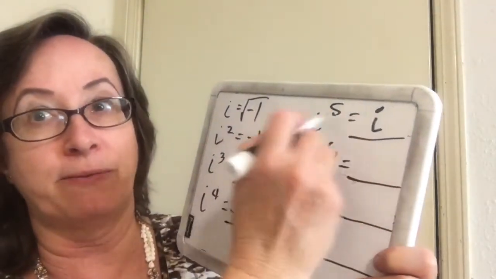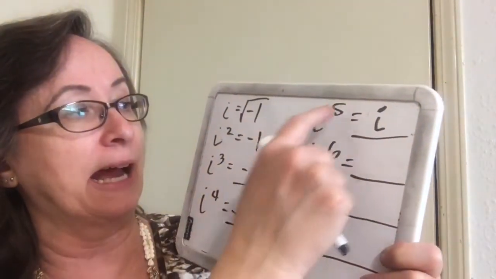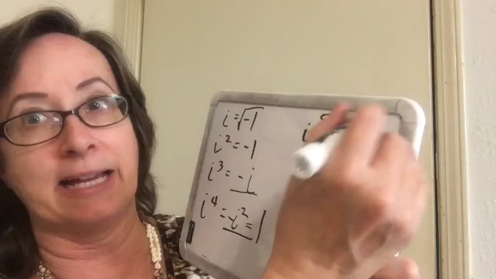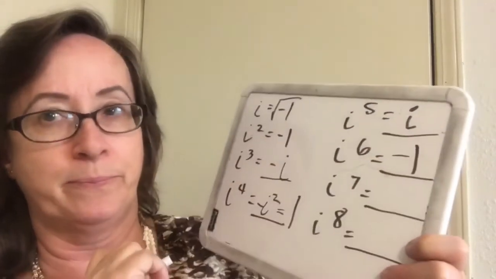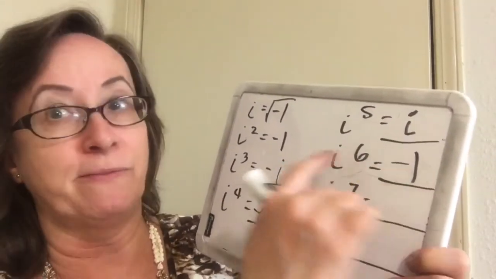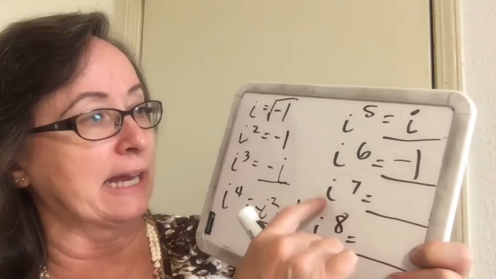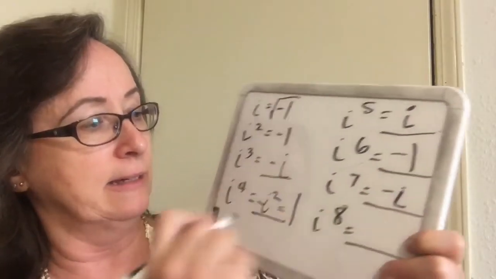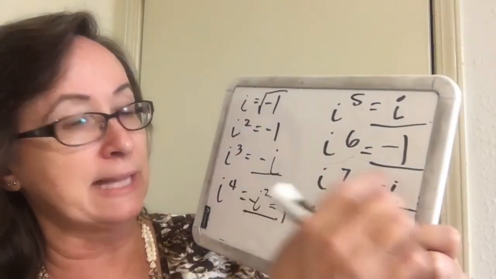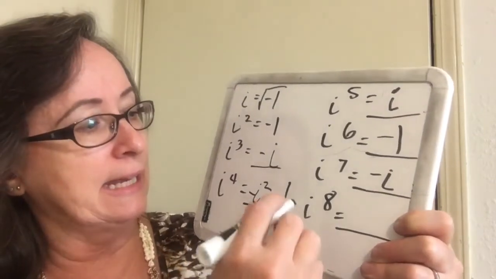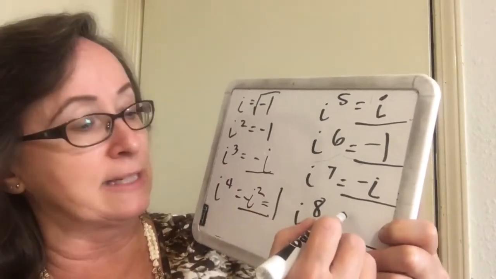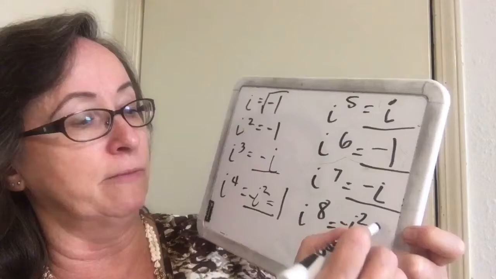I multiply both sides by i again, and I get i to the sixth is i squared, which is negative 1. Then I multiply both sides by i, and I get i to the seventh is negative i. And I multiply by i again, and I get i to the eighth is negative i squared, which is positive 1.